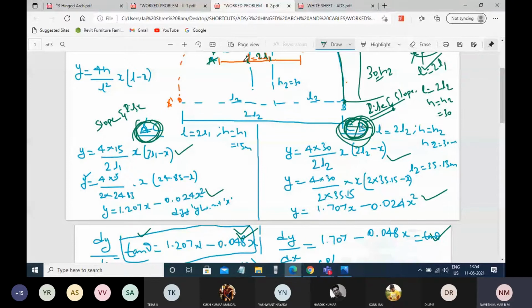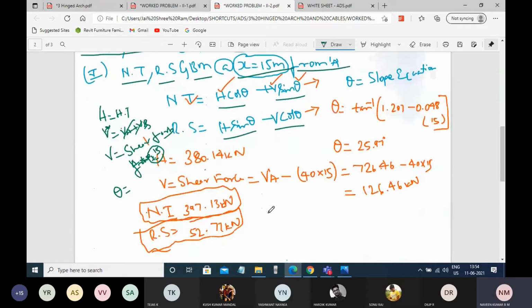So we are getting the section within that AC segment, so you need to consider the slope equation, that is theta equals tan inverse of this value. The same thing that I have considered over here. So you'll get theta around 25.97, and H is already known. H equals 380.14 kilonewton. So that is also fine.